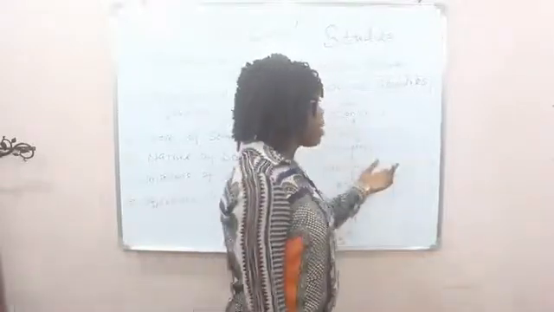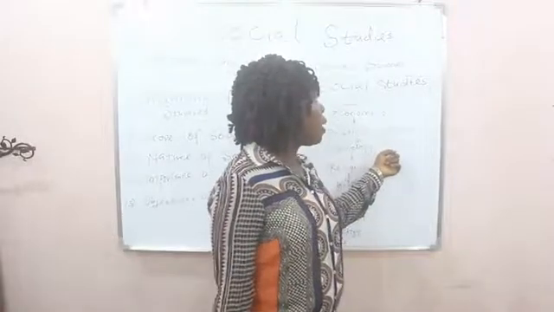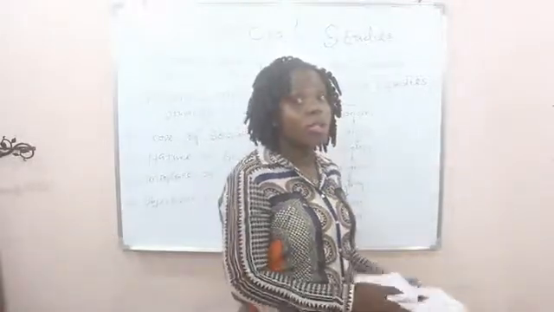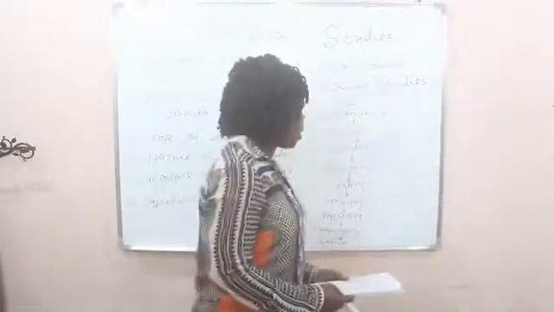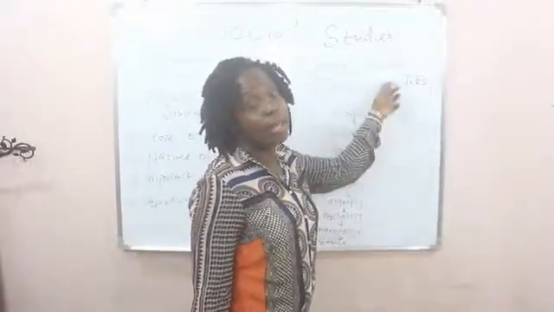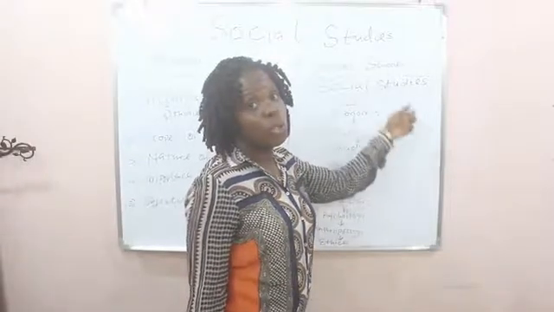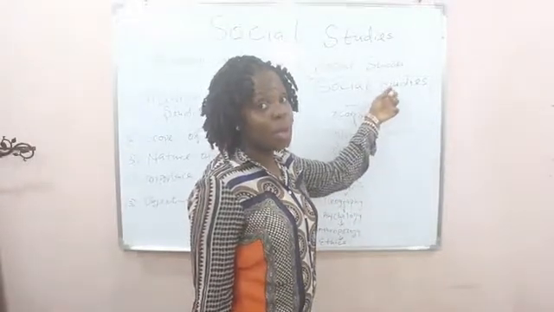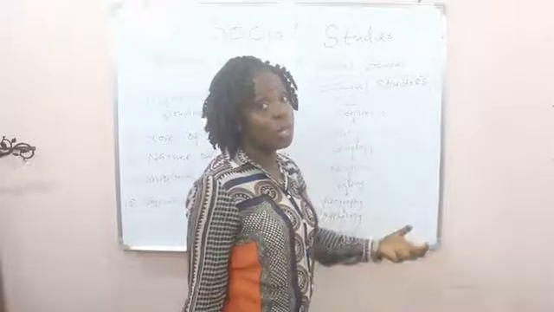That's why in that diagram that I have wiped off, that I used to explain what social study is, if you remember, we talked about science and technology as it interacts with humans.